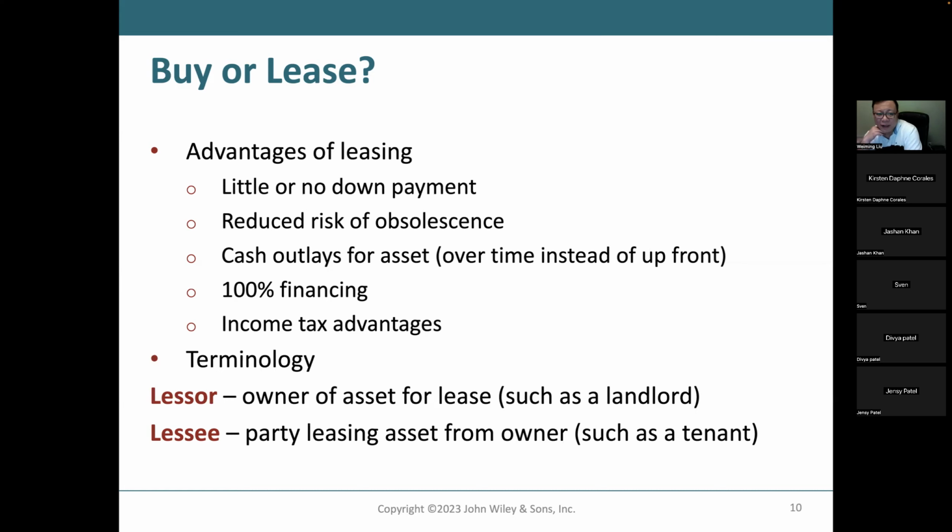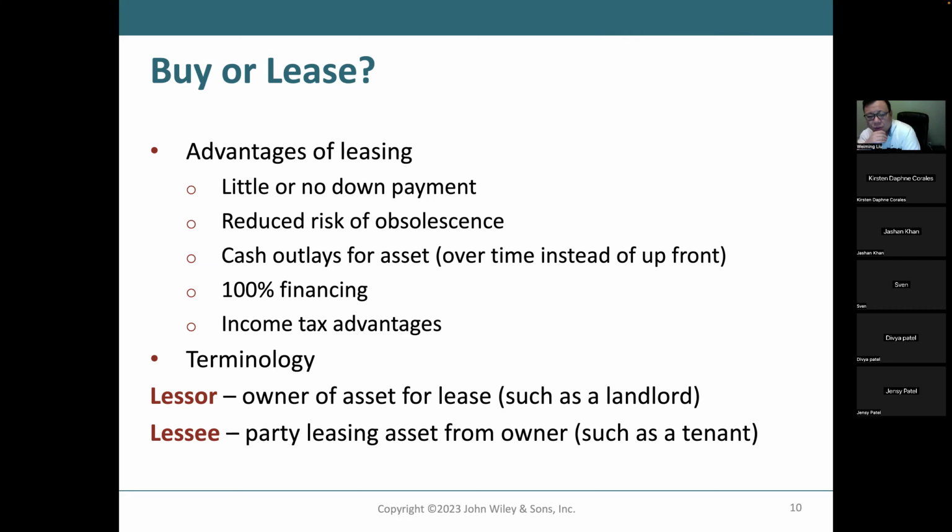If you buy a car, it's going to cost you a larger upfront payment, right? You need at least a down payment, and then you probably get financing through the car dealership or the car manufacturer. But if you lease it, you probably make a payment for the leasing on a monthly basis, with little or no down payment.